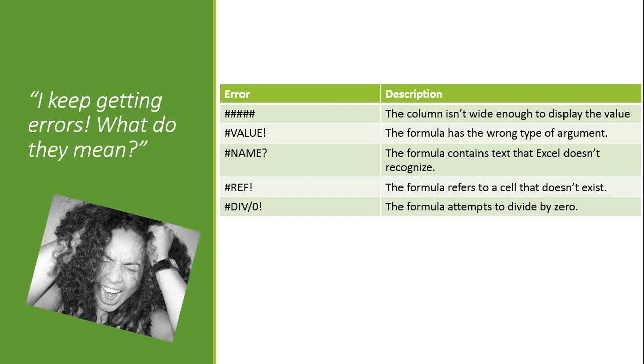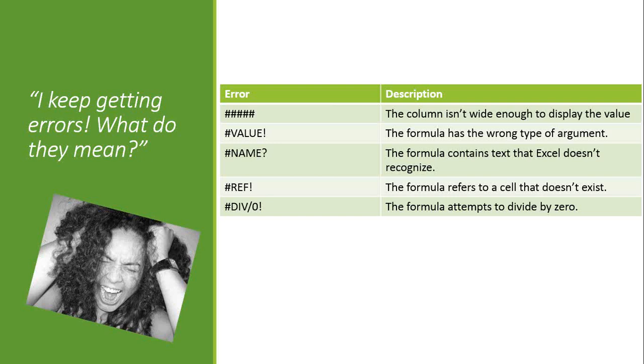Also, you'll sometimes see this #REF exclamation point. And what that means is the formula refers to a cell that doesn't exist. Well, practically speaking, sometimes we will see that when we've deleted rows. So we've deleted a row that was part of our formula, and you would get that.